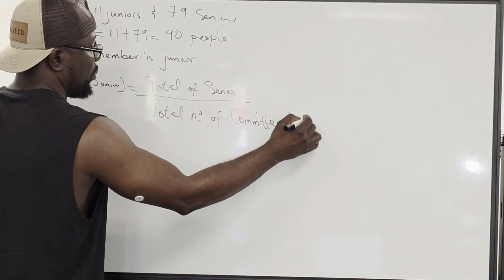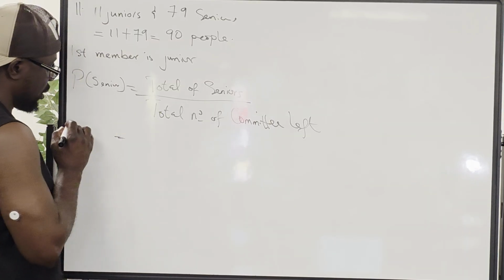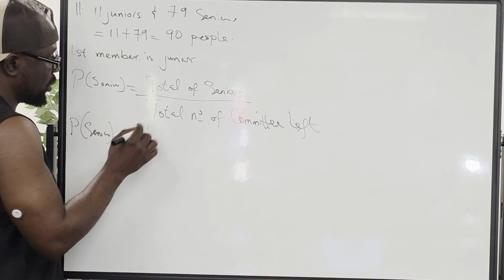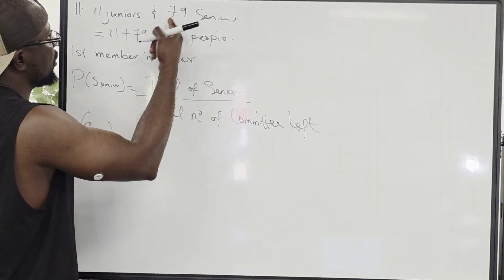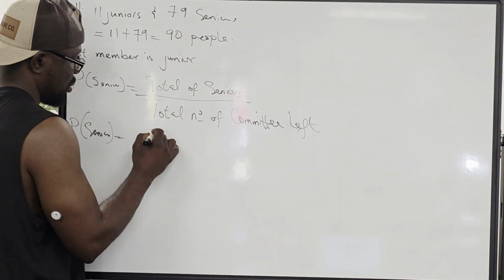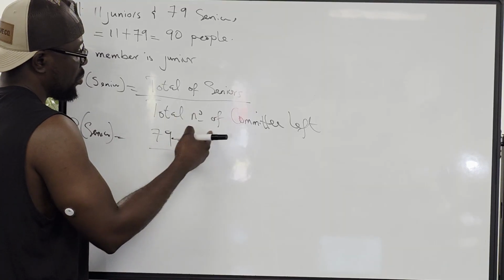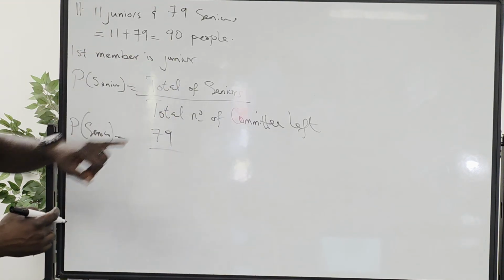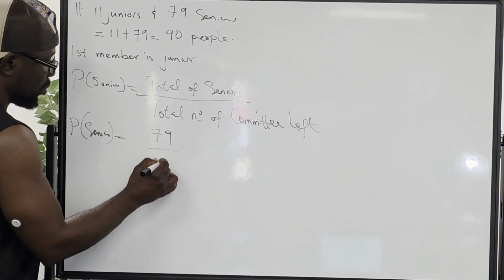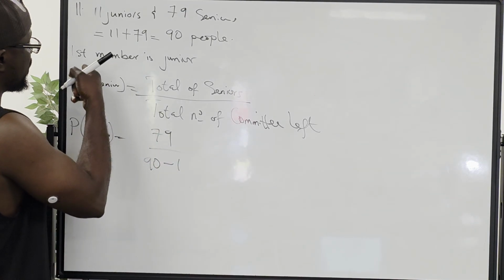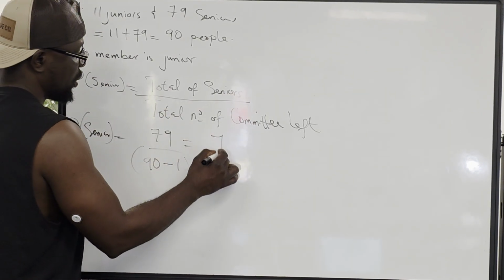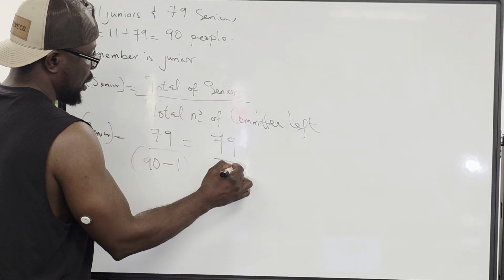In that case, the probability of a senior being selected is going to be total number of seniors, which is 79, over the total number of committee people left, which is 89. That is 90 minus 1, because they removed 1 already, which is the one junior member. So our answer becomes 79 over 89.